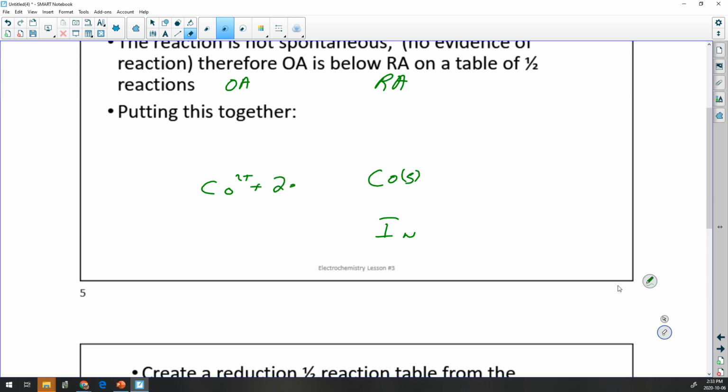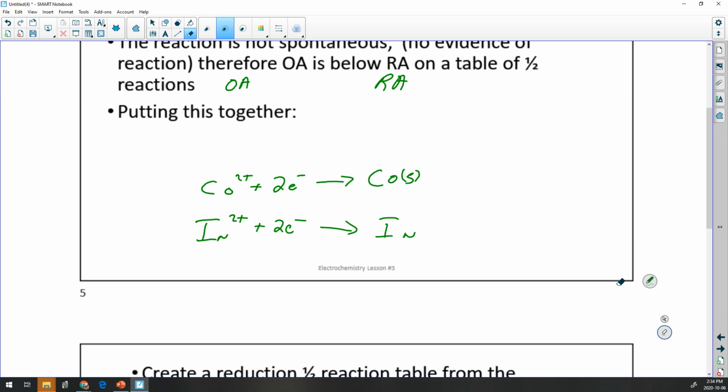I must add 2 electrons to get to the cobalt solid. The indium is a 2 plus, I do believe. And the same thing here, the indium 2 plus is going to fall in the same line as the indium. So we got part of our table done. Notice I left lots of space above and below.